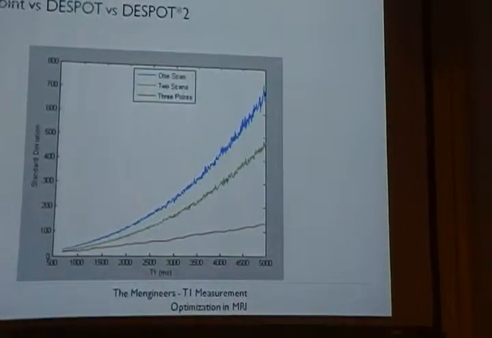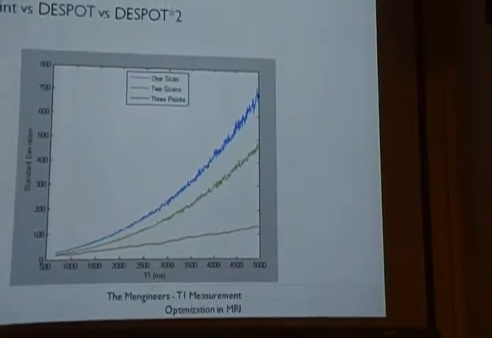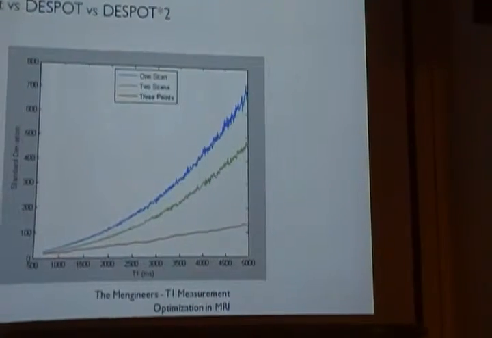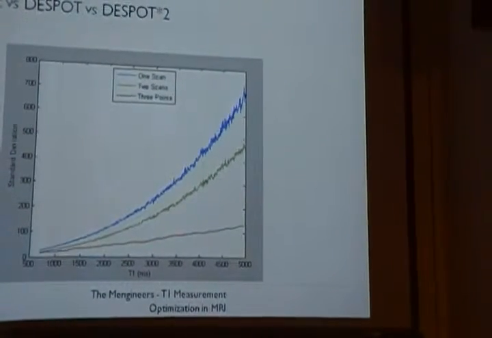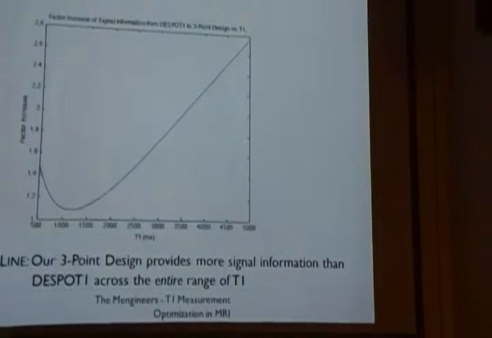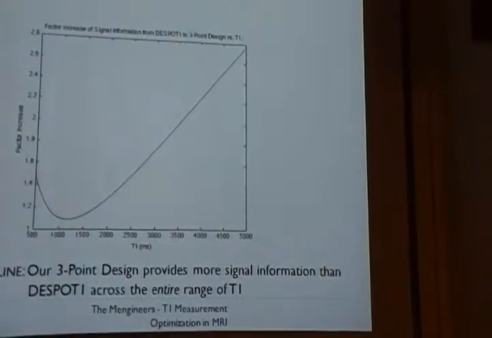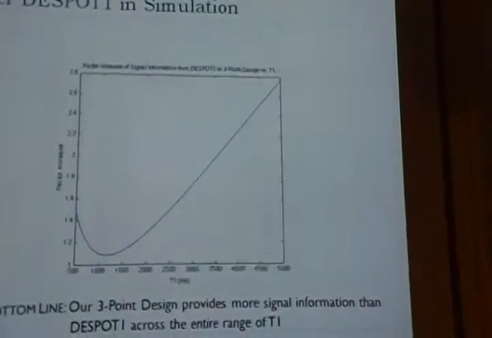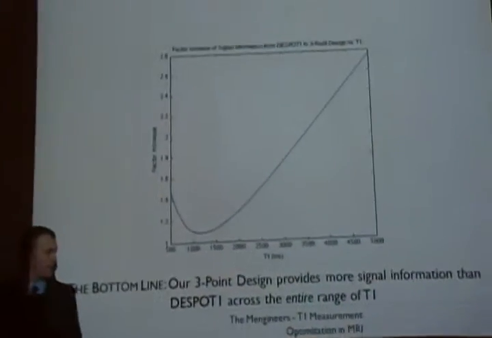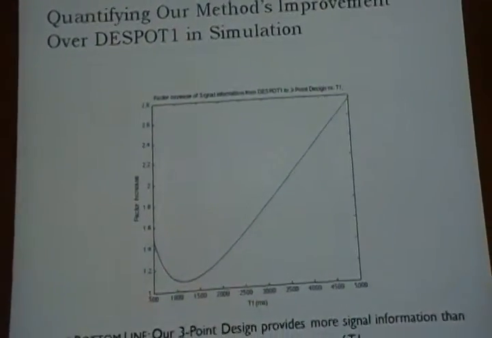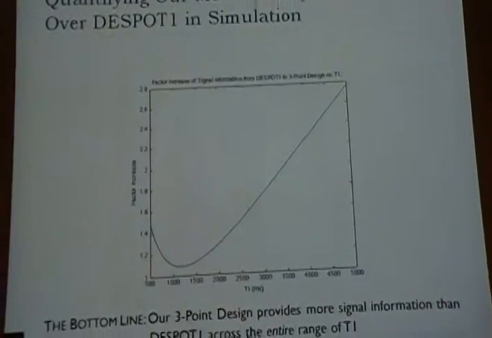But as you can see, our 3-point scan in simulation has a great precision compared to the other 2 scan techniques. And indeed, according to our model, we are essentially getting more signal information across the entire range from 500 to 5,000 milliseconds, and dramatically so past 2,500 milliseconds.